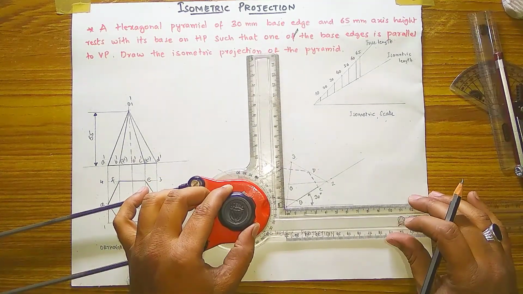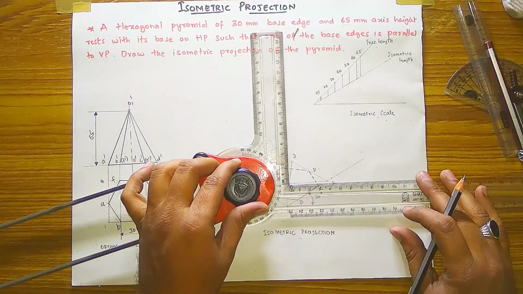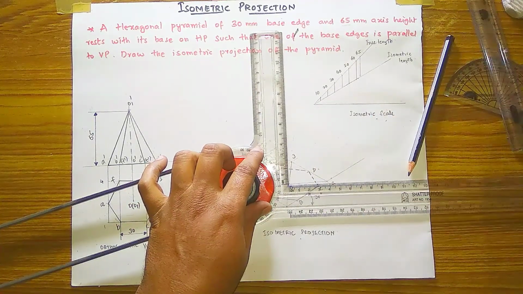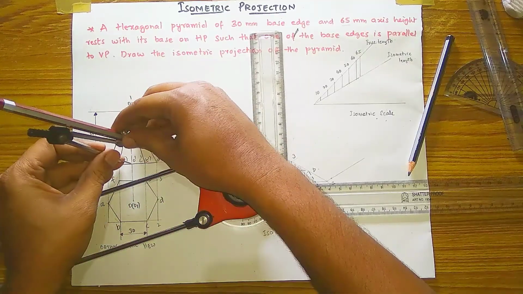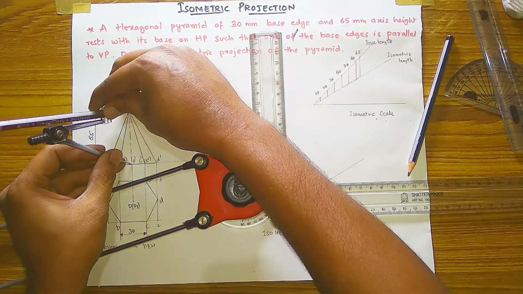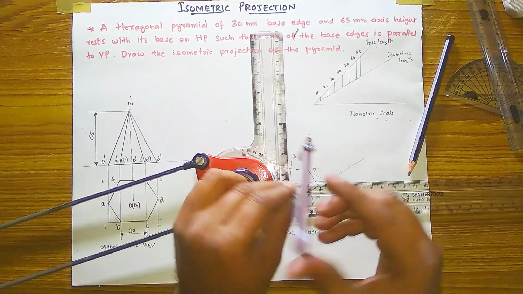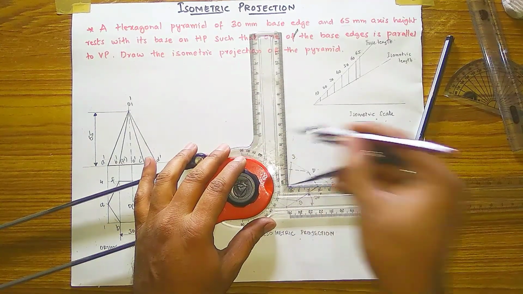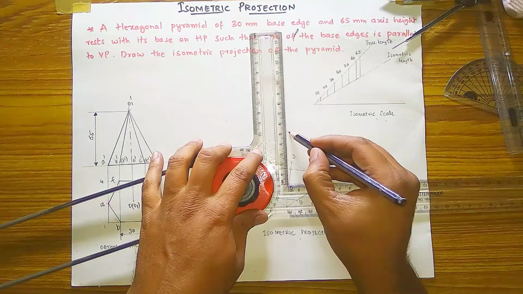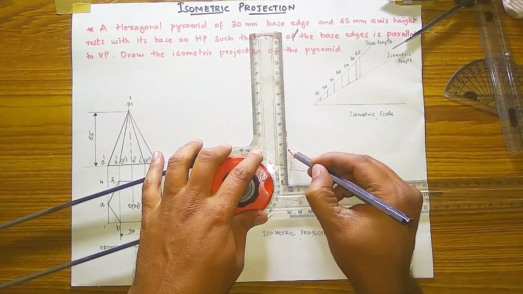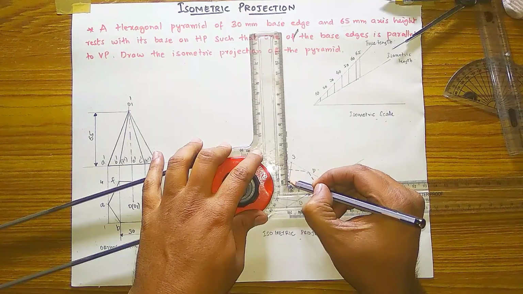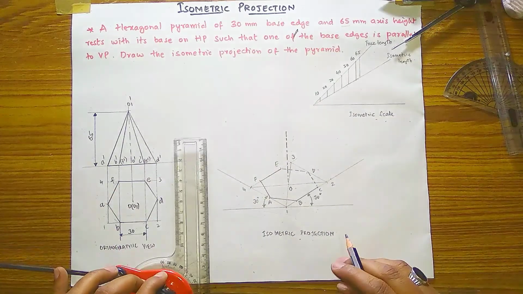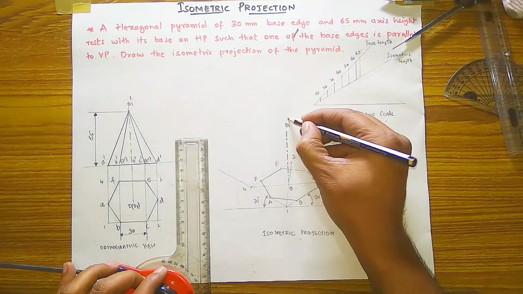So according to this line, first I will adjust my mini drafter to the distance, 65. So we have to adjust it till that length, and keeping on that point, I am taking a point like this. Okay, from that point you have to draw an axis line like this. Axis line we have created, and this point will be O1 dash.